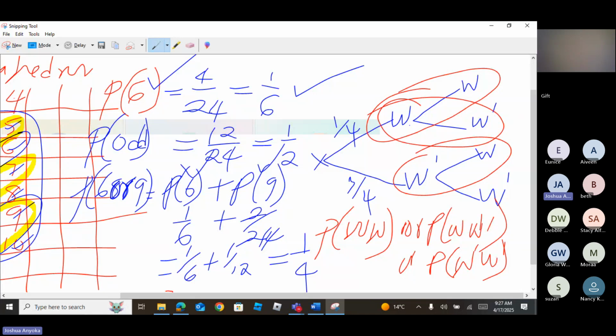In other words, if you add all of these, you are going to get a probability of 1.